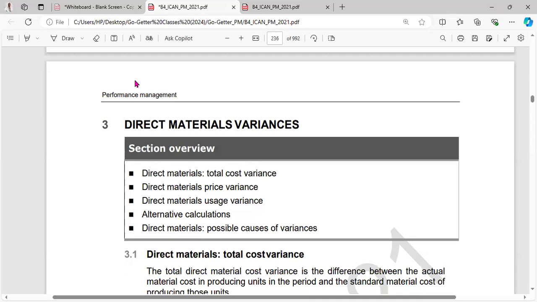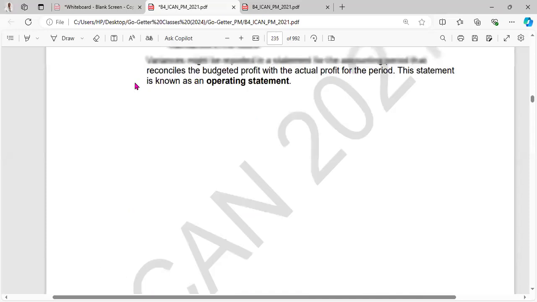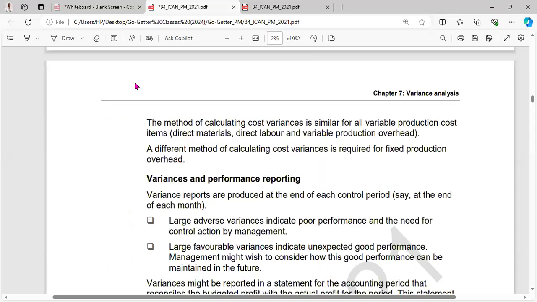So you see now, what we have actually learned today, we have learned two things. We've learned what standard costing is, and we have prepared a standard cost card, and used the standard cost card to prepare our fixed budget. The next thing we've learned is how to prepare a flexed budget.